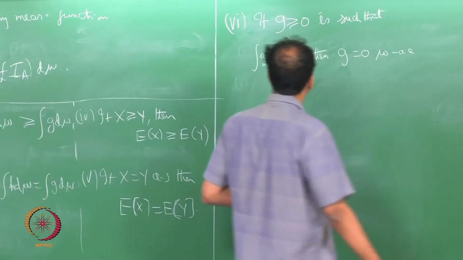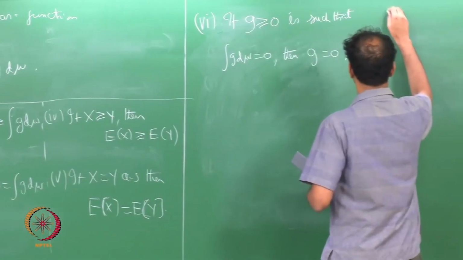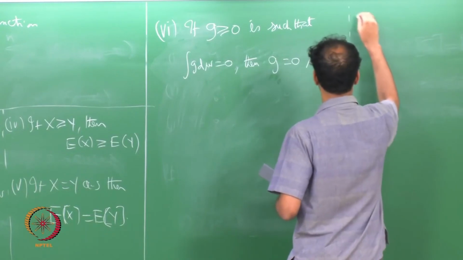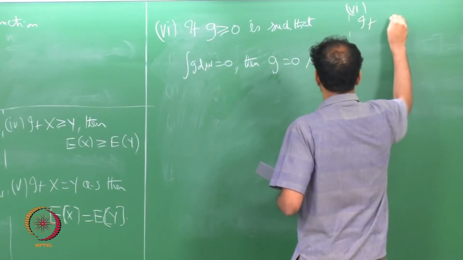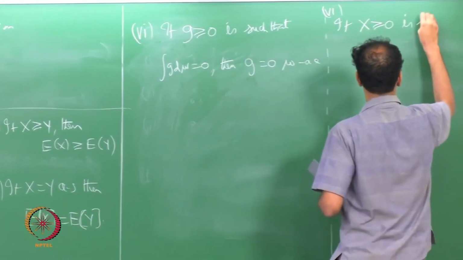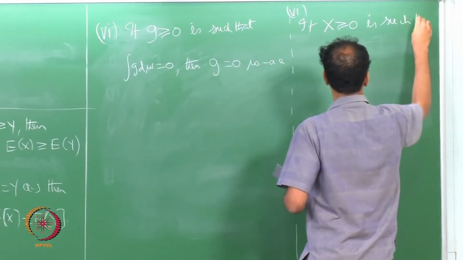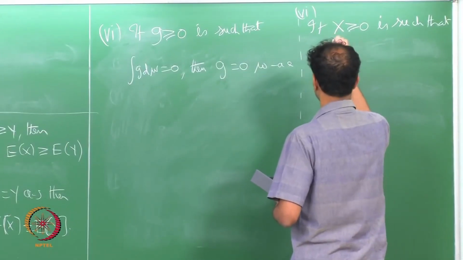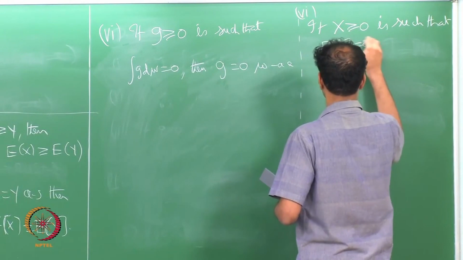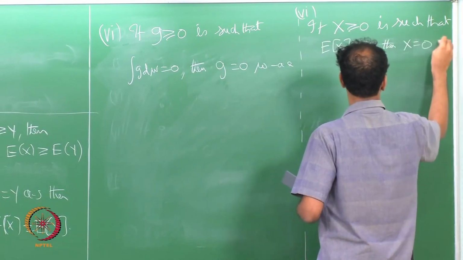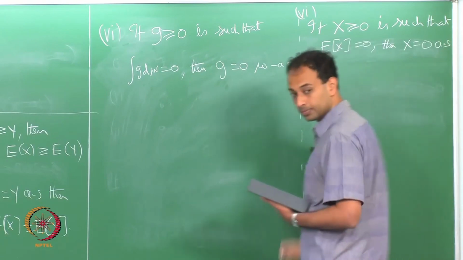And the random variable version will be: if X greater than or equal to 0 is such that the expectation of X equals 0, then X is equal to 0 almost surely.